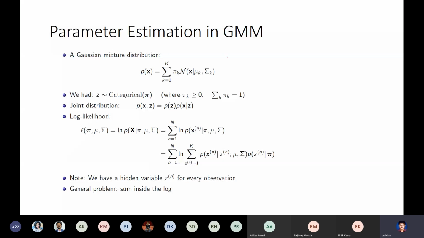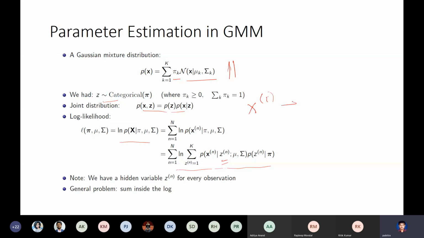This is our expression for the Gaussian mixture model, a generative model consisting of two parts, this part and this part. And from that generative model you have the joint distribution, and this is your expression for the likelihood, which is this. Okay. Two things to be noted. First thing is that if you look at the expression for the log likelihood, there is a separate latent variable for every xi.